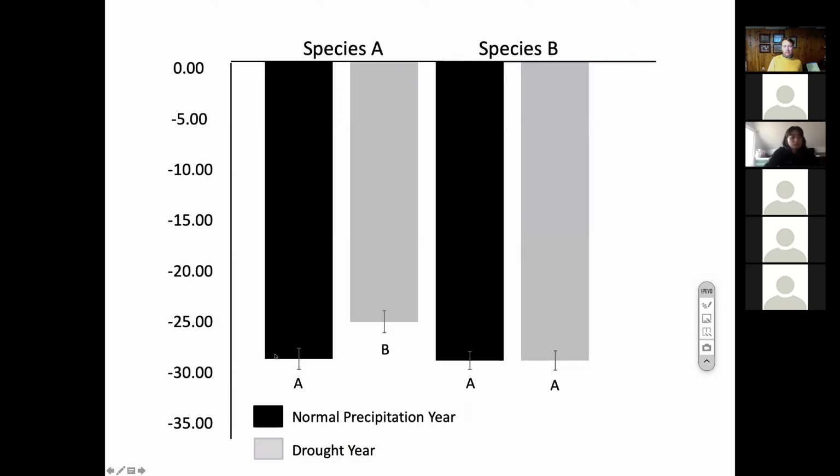So this is an example of what our bar charts should look like. They're going to have some isotope values. They're going to have error bars, and we're going to be able to compare the mean. So this would be the mean.